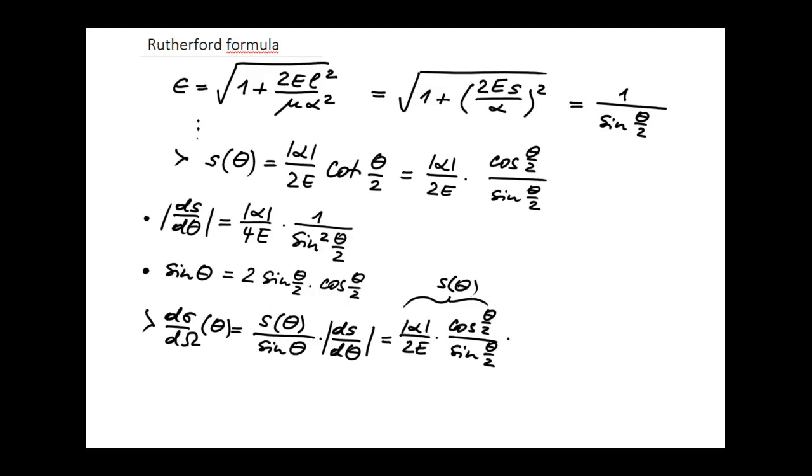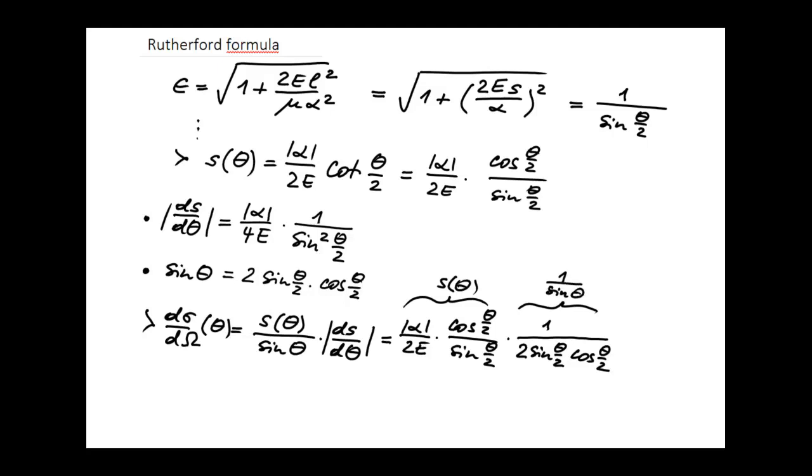Then for 1 over sine theta, we use this trigonometric formula. So we write 1 over 2 times sine of theta over 2 cosine of theta over 2. This here is 1 over sine theta.